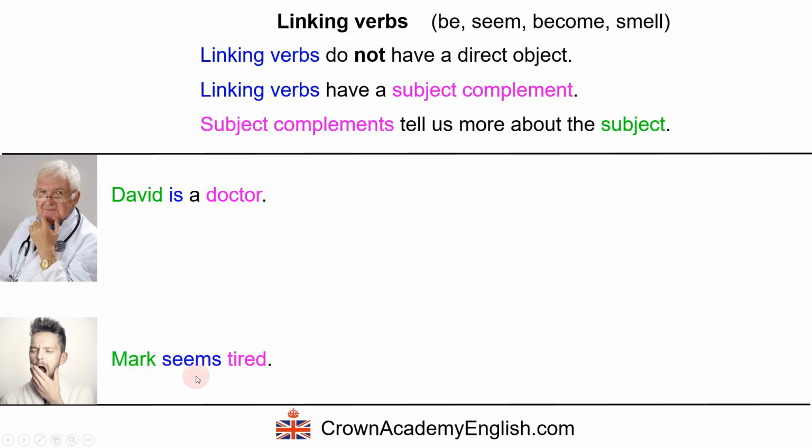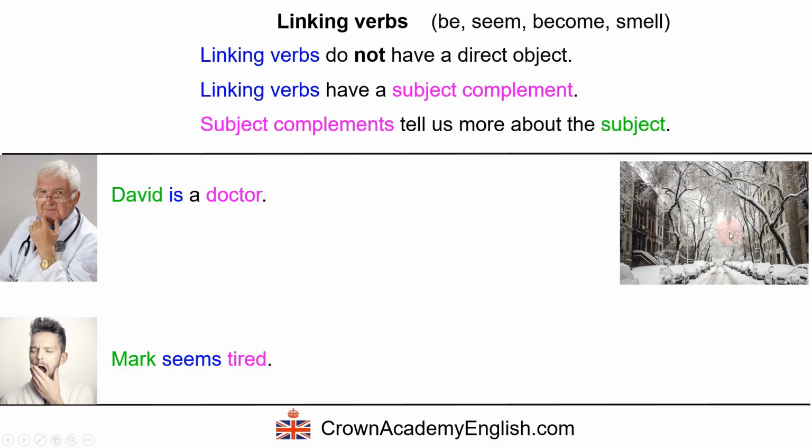This is the same principle. Mark seems tired. Think of it like an equal sign. Mark equals tired. So subject, linking verb, subject complement. Tired is an adjective, in fact, and it's telling us more information about Mark, but it is not a direct object. Same here. It's becoming cold.